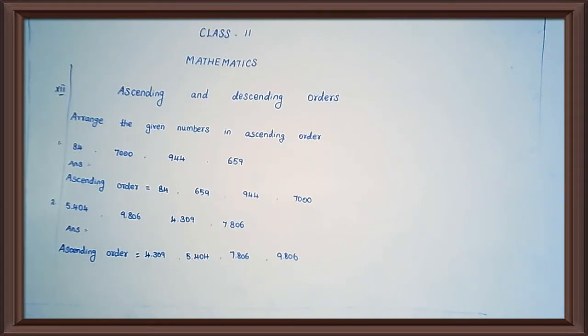Answer: ascending order is equal to 4309.